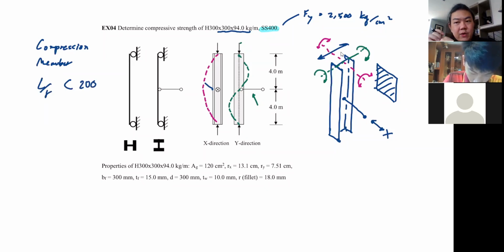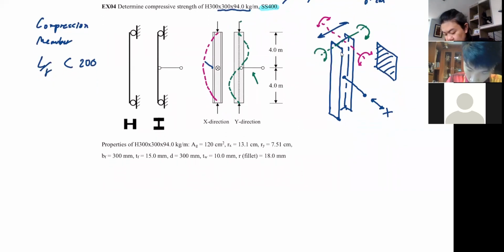Even though you may check the strength and we have enough, you should change the member so that the L over R does not exceed this limit as well. Okay, for practical purposes. All right, so I think we are now ready to do our calculation here. And because this is the analysis problem, we can just go ahead and check the section.